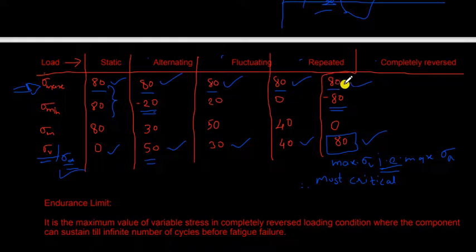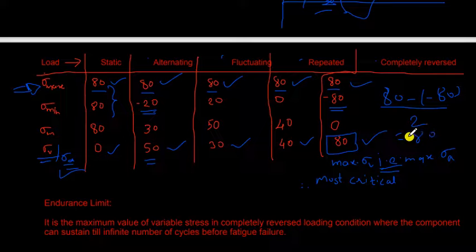Here you can find 80, sigma max 80 minus sigma min minus 80, divided by 2. You will get the answer equal to this. That means maximum variable stress. So the completely reverse loading condition is the most critical loading condition.